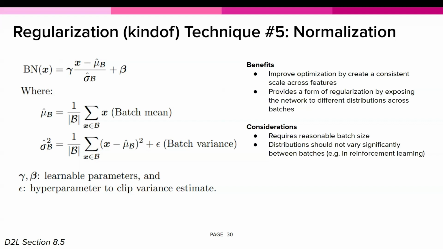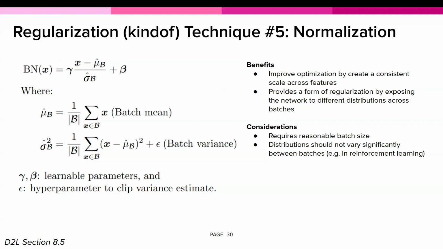We do need some assurances that the distribution shouldn't vary significantly between batches. And so for most of the tasks that we've encountered in this course, we've been getting a single block of data as a training data set, and we've been making this assumption that the individual batches are drawn or constructed IID from that training data set.